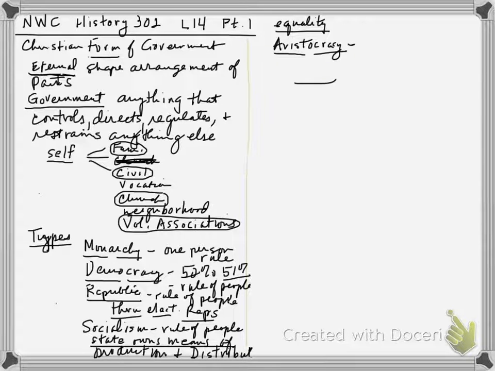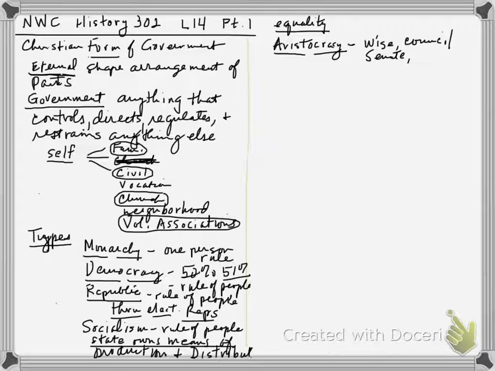Rule of the wise is what this means. And so usually the wise are a council of men of great ability or landholders or wealth. And of course our government, the Senate, is probably the closest thing that we have with that.